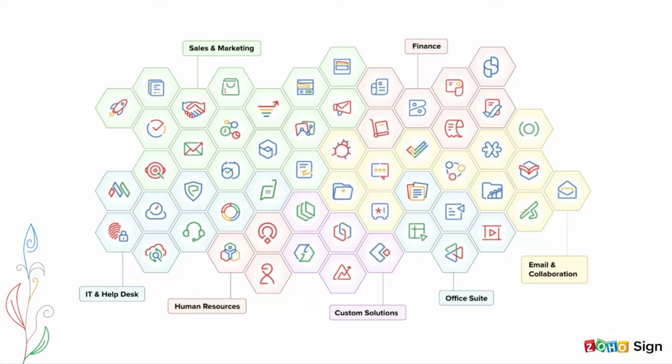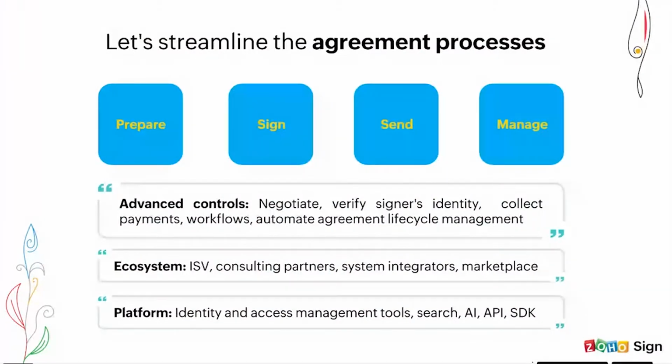Be it front office or back office, we already have our flagship apps up and running. We have our flagship CRM, Zoho CRM, we have our Zoho Mail, and we have Zoho HRMS and Zoho Finance to take care of all your front office and back office operations. And we thought there is a good way to solve this agreement process from end to end. So this is Zoho's way of streamlining your agreement process.